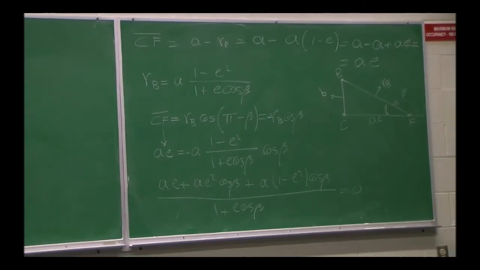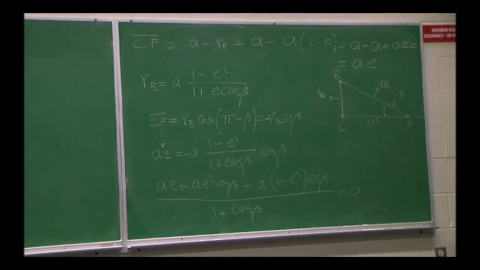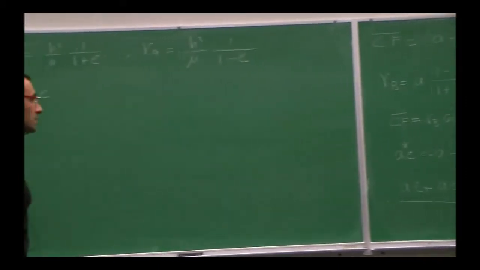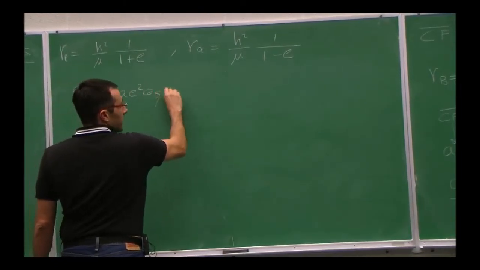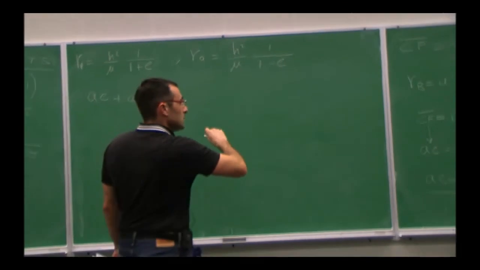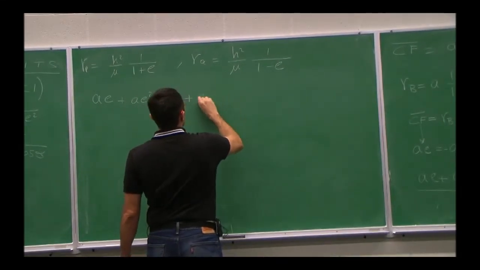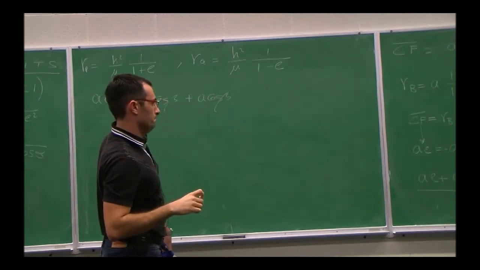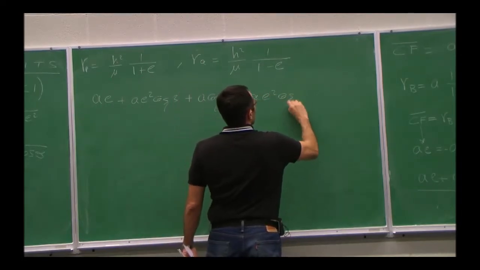Do we like it? So what do I have? Just look at the numerator here. I think some of the things will go away here. AE plus AE squared cosine of beta plus cosine of beta minus AE squared cosine of beta.